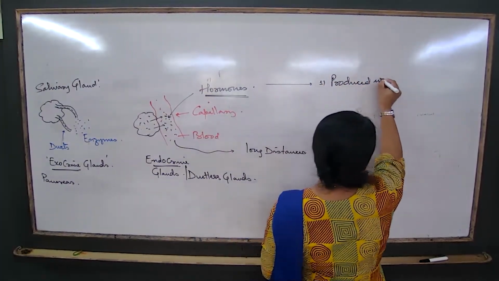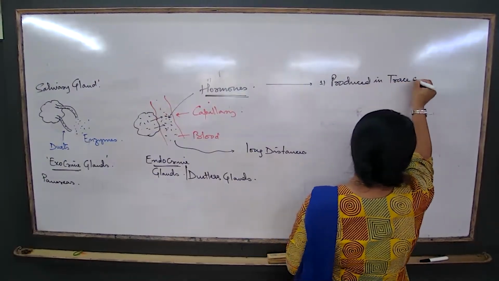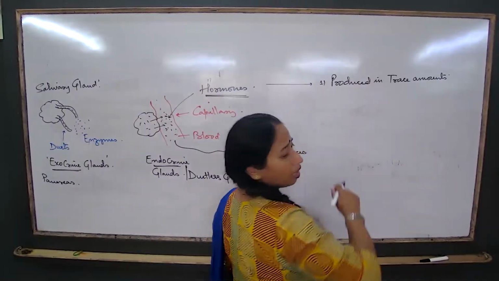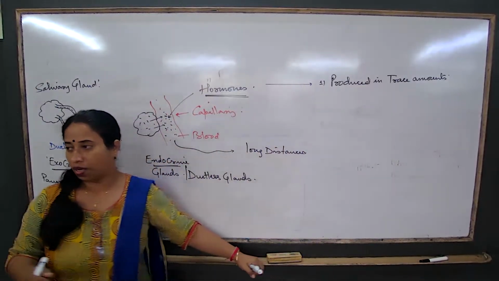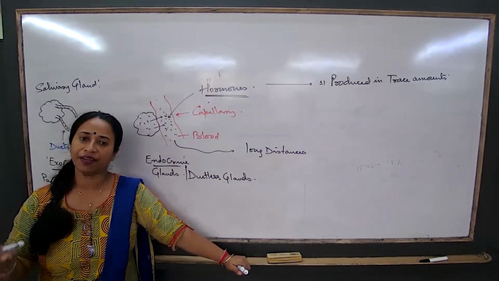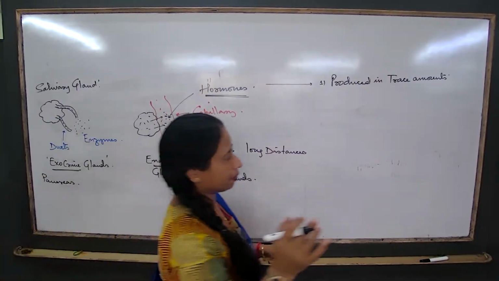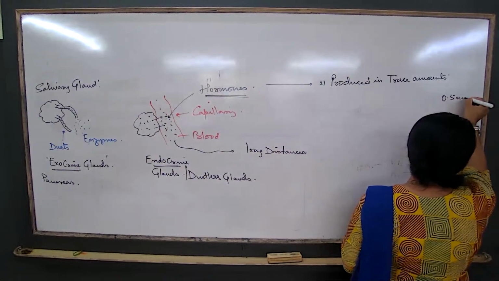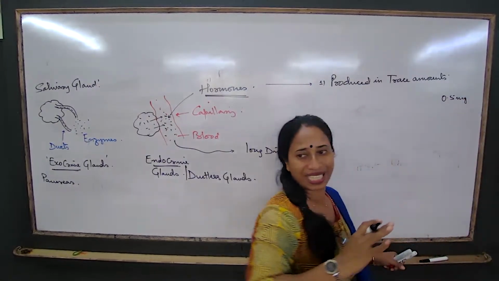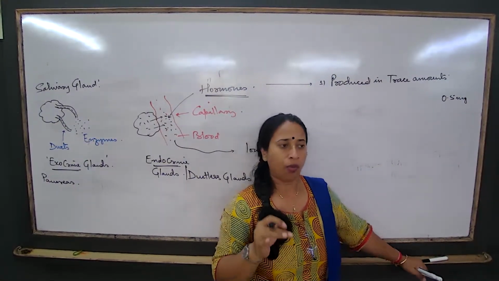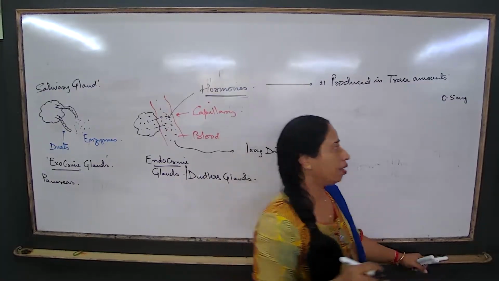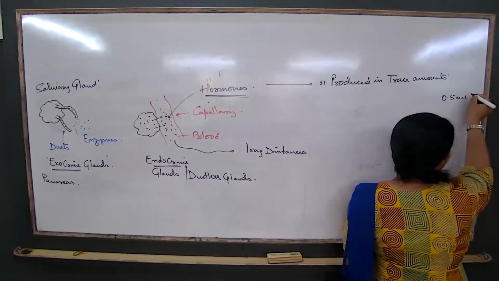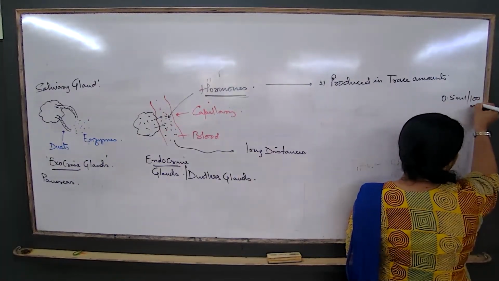They are produced in trace amounts, meaning very, very small amounts. For example, I will talk about one specific hormone produced at only 0.5 milligrams, or maybe only 0.5 ml per 100 ml of the blood.